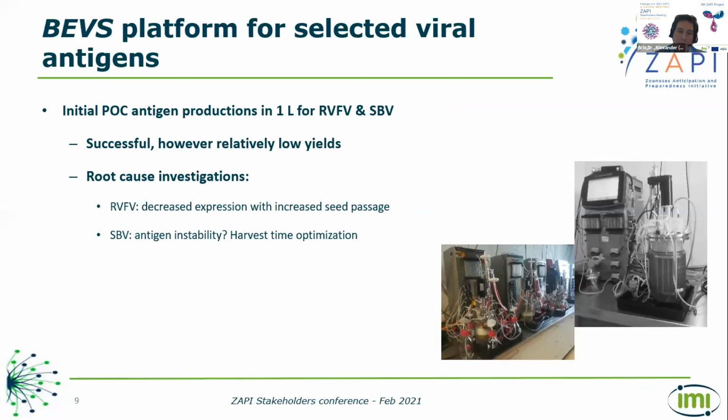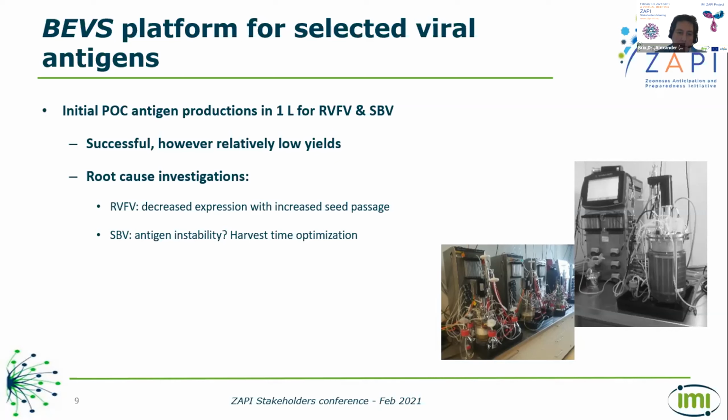And basically that was twofold. The Rift Valley candidates, basically all of them that we had generated, showed a very significantly decreased expression of the antigen with increased seed passage. And if you're familiar with the production, we usually have at least 5 seed passages where the virus needs to be stable for production. So that was a big issue here.